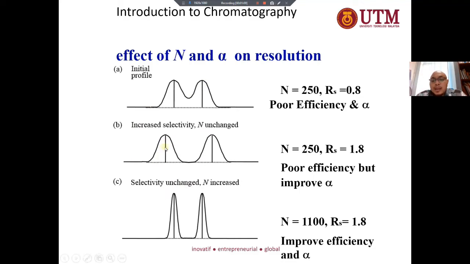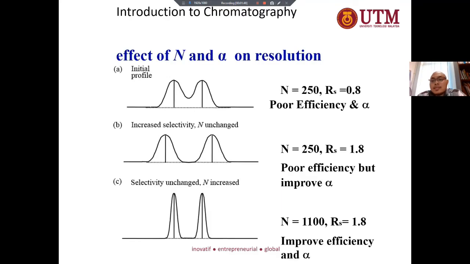And an RS value of 1.8 means that the chromatogram will be able to have a total separation. If you have a good RS, it means that you have a good selectivity. Okay, I think that's it about the effect of the efficiency and selectivity on resolution.